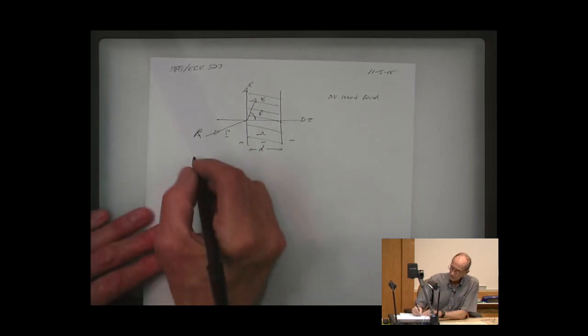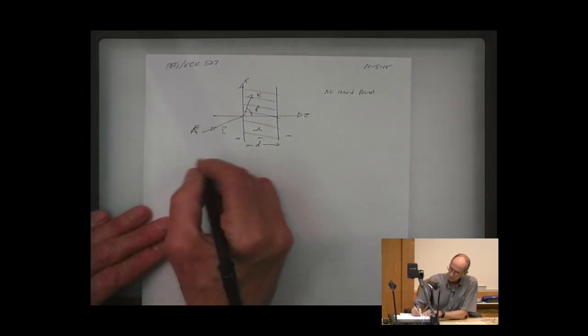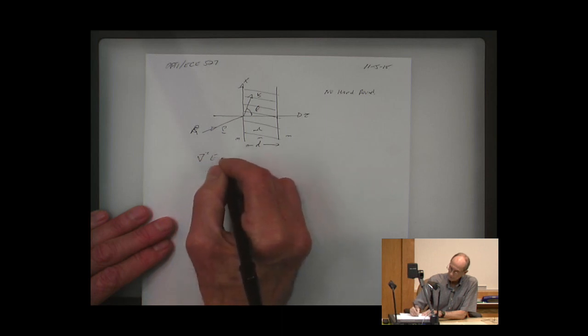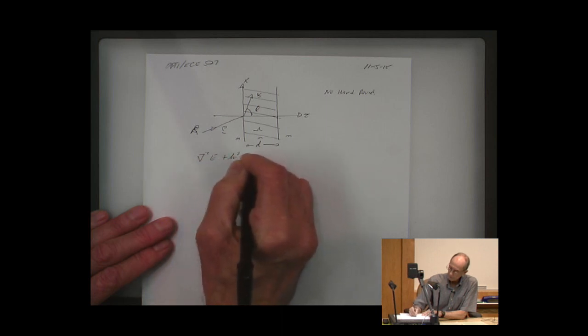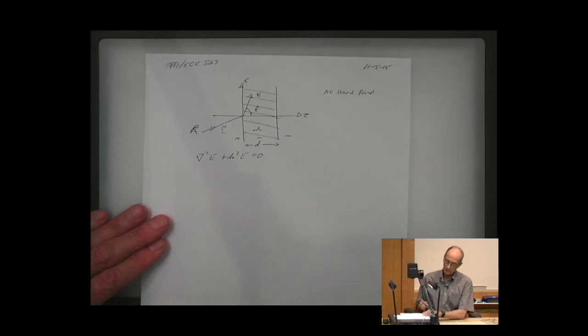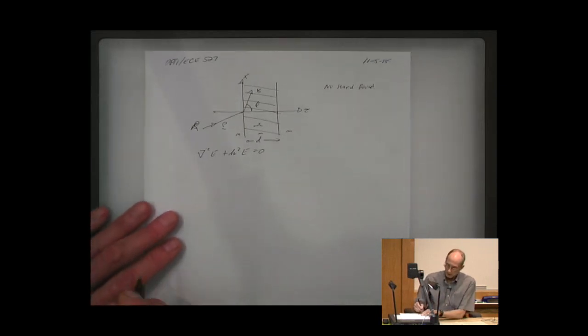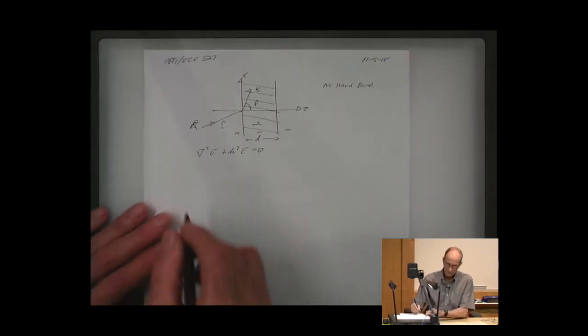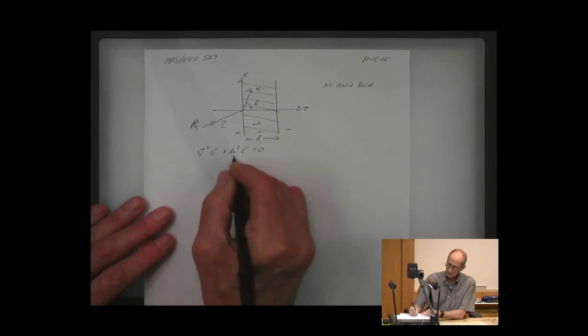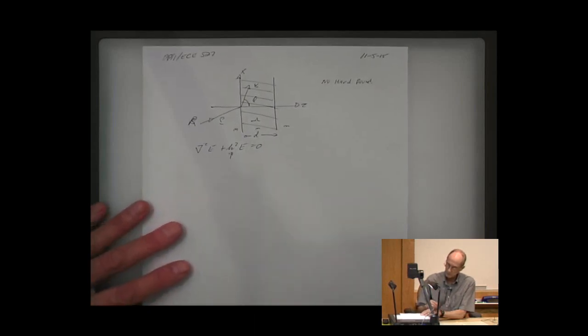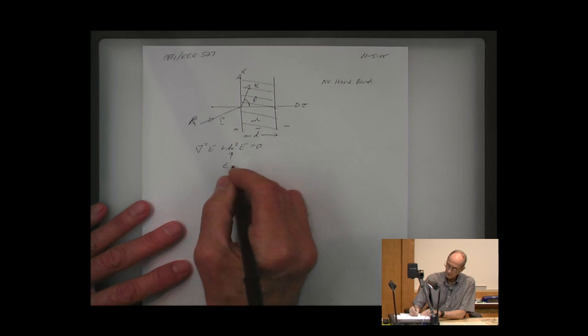So the way that we'll solve it is again to solve the scalar wave equation, or the Helmholtz equation, and we have kind of tucked away in this k squared term, this propagation constant squared, the modulation term.